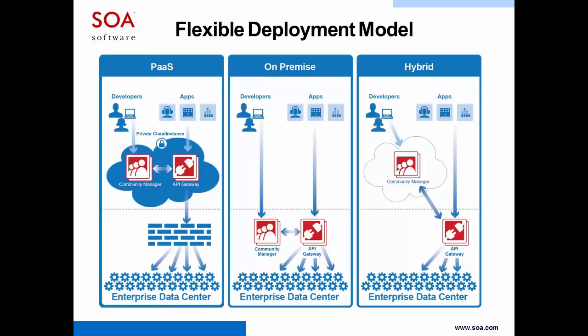There's also a scenario where you could have gateways on-premise behind your firewall managed by our policy manager infrastructure that acts as the policy administration point and the policy decision point. You could also use our community manager portal to advertise your APIs, provide documentation and a place for developers to go to find it, read those docs, and request access. That could also be managed out in the cloud if you want to do a hybrid integration scenario.